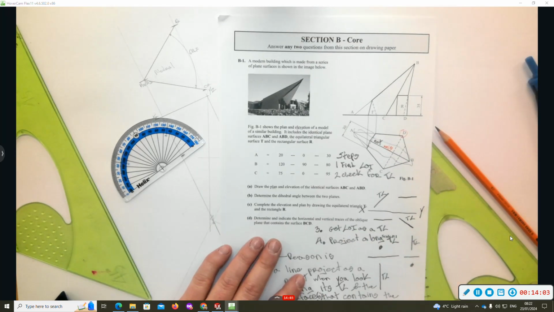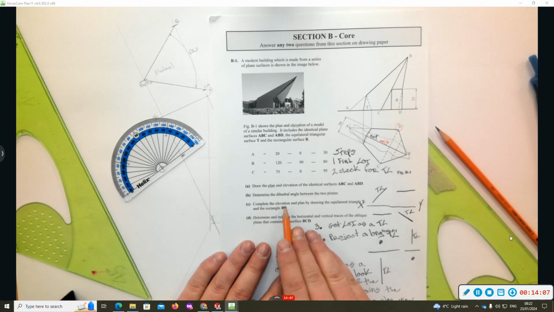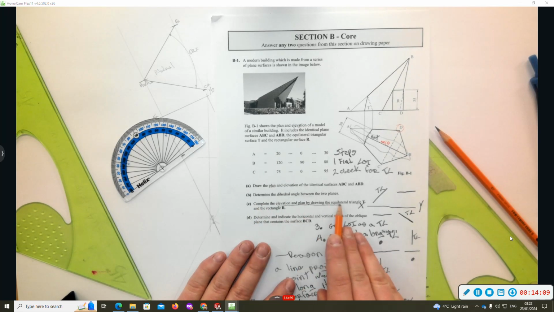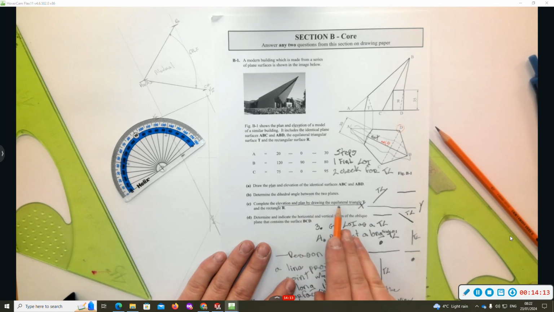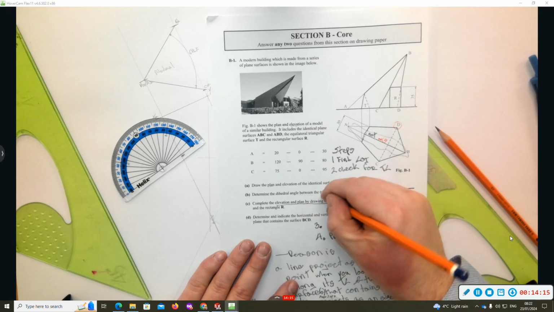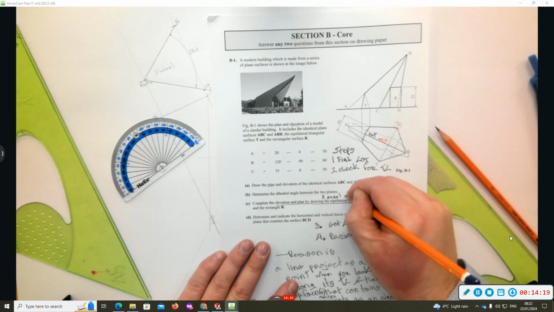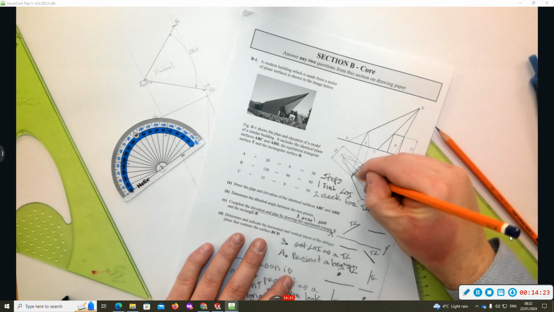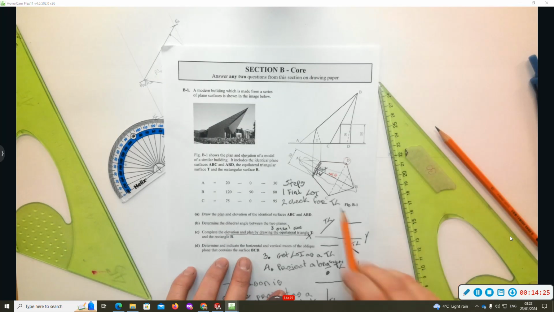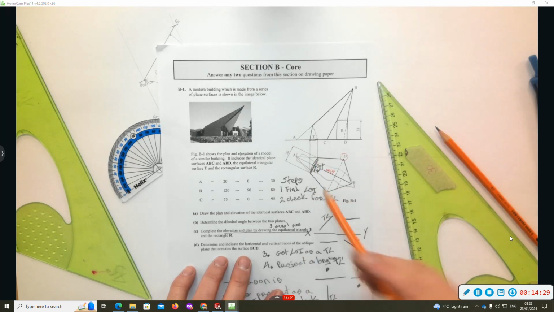Now, we have to do part C. Complete the elevation and plan by drawing the equilateral triangle T and the rectangle R. Right, we'll start with the equilateral triangle. So 3 equal sides. This base that's hidden detail is a true length because it's parallel or on the XY line in plan.